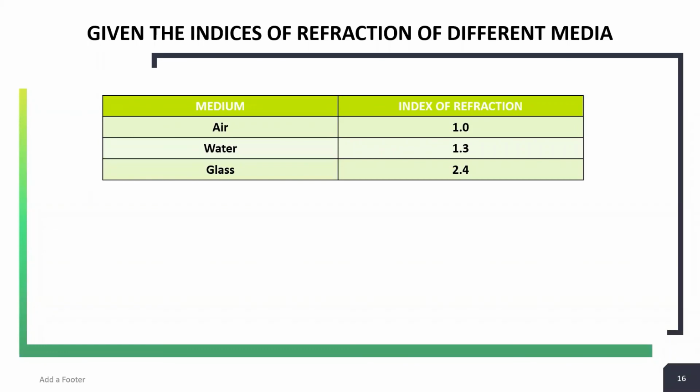Now, this is your activity for today. We have the given materials or medium, air, water, and glass, with their indices of refraction. Earlier, we calculated the speed of light in water, which is 2.31 × 10^8 meters per second.